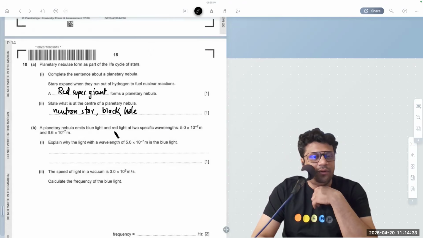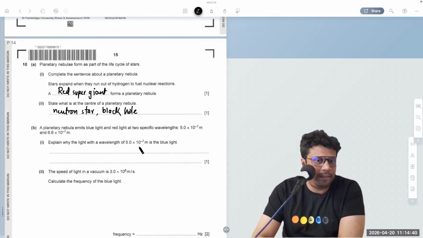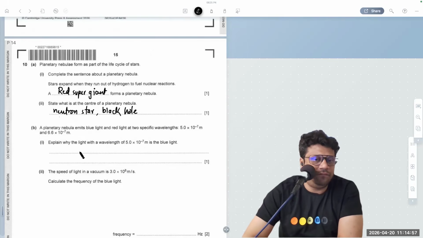Planetary nebula emits blue light and red light at two specific wavelengths. Explain why the light with this wavelength is the blue light. Okay, because smaller wavelength, larger frequency, I think.